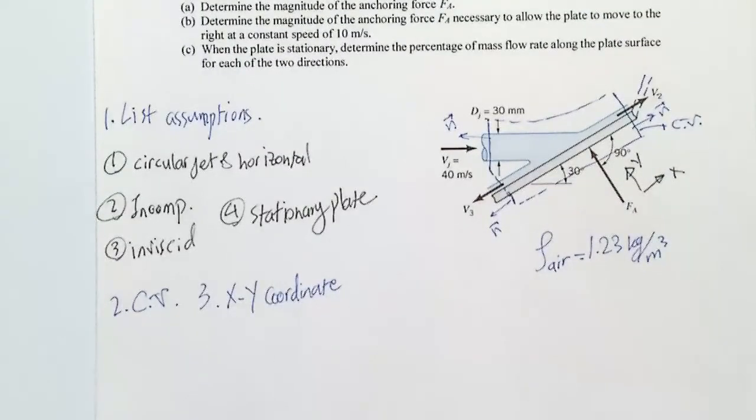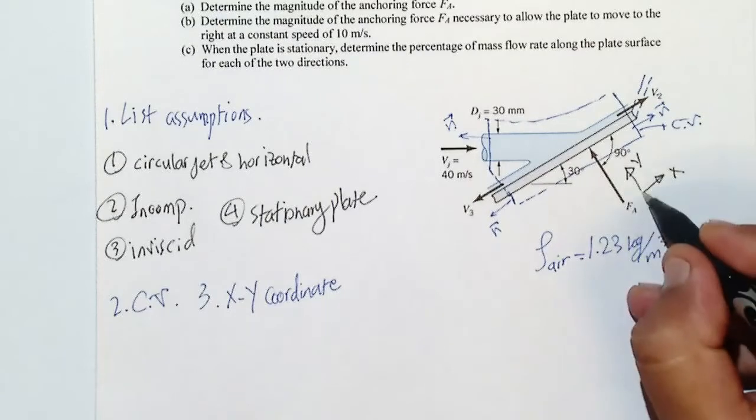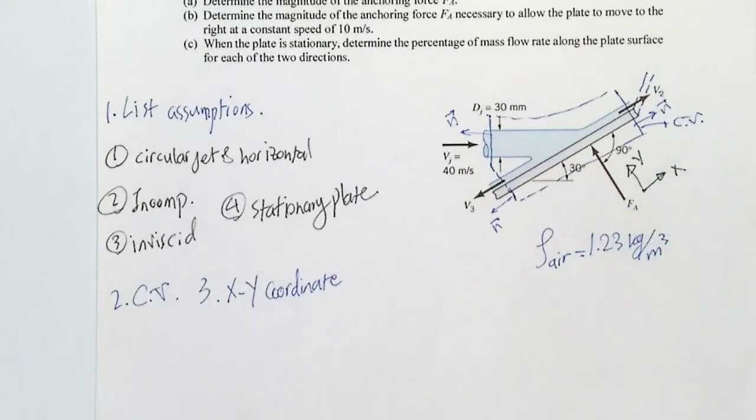You cannot find V2 or V3 on one side. It could be possible to solve it, but it's much easier to define your X and Y coordinate system like this. Okay, so what's the job?